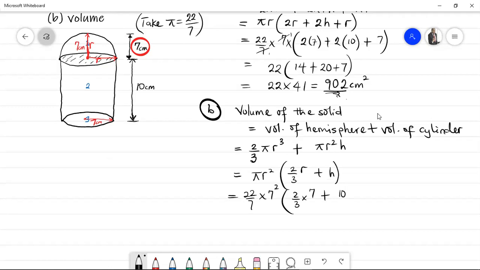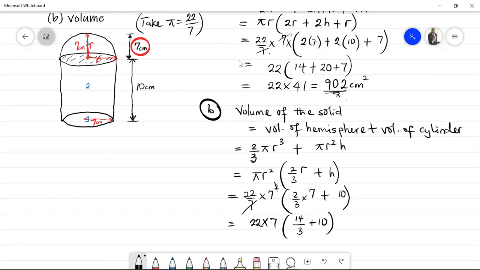So that would give me 22, because this 7 will take care of one of the 7s to remain just one 7 from the square. So 22 times 7, and then into the bracket of 14/3, that is 2 times 7, 14, over 3, then plus 10.